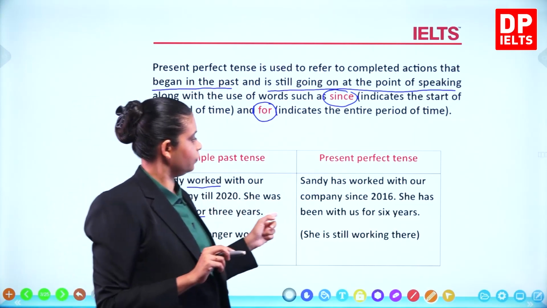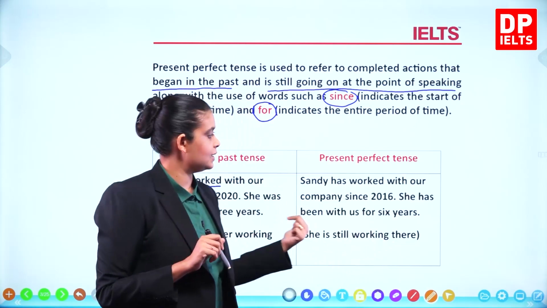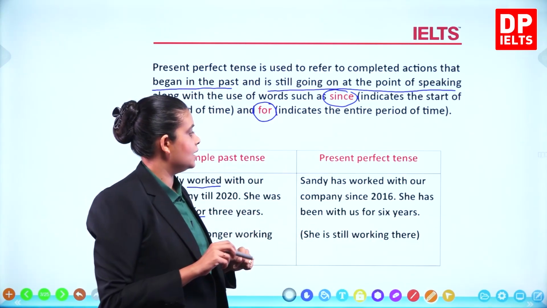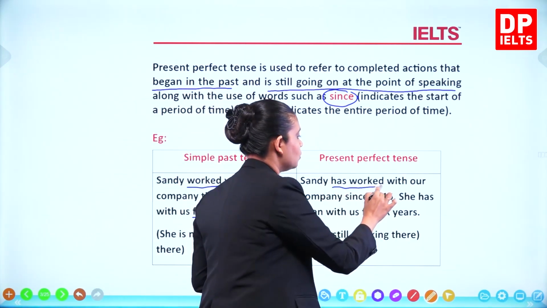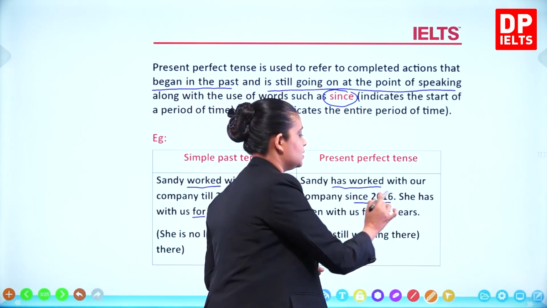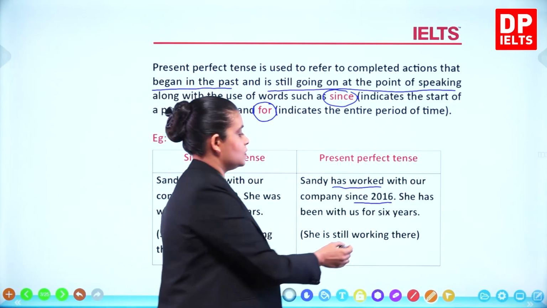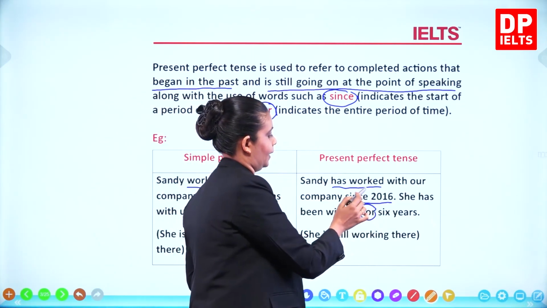But if we use since and for, then let's have a look at the different meaning. Sandy has worked with our company since 2016. She has been with us for 6 years. Right?